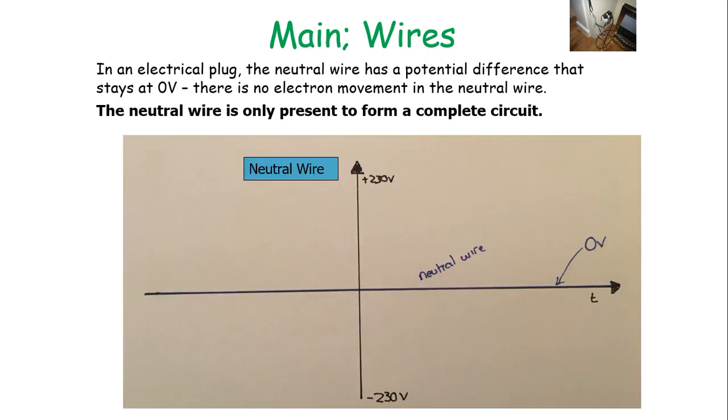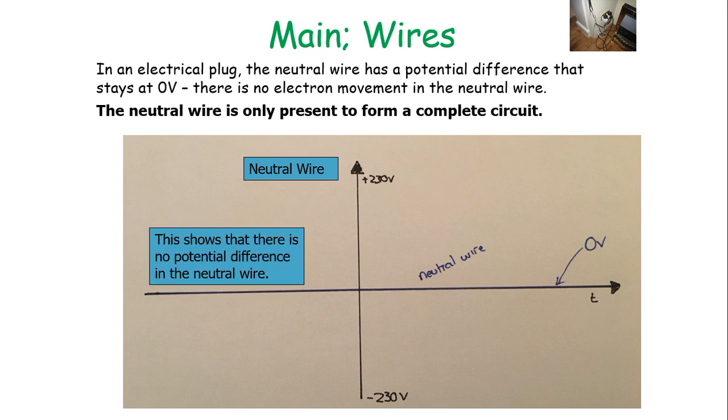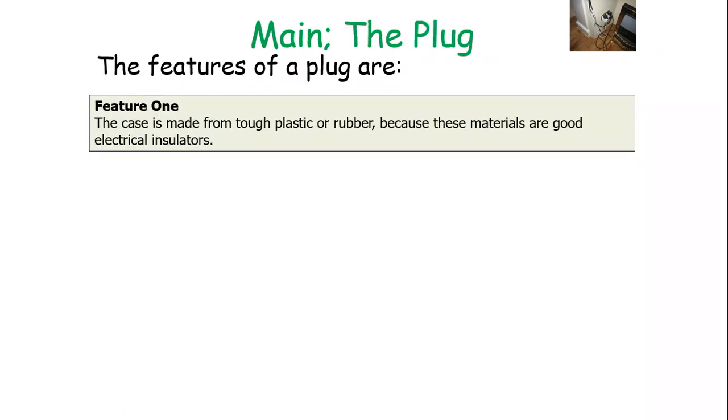Now, in an electrical plug, the neutral wire has a potential difference that stays at 0 volts. There's no electron movement in the neutral wire. The neutral wire is only present to form a complete circuit in your plug, in your device. It's not there to carry any of the energy. So there's no potential difference in the neutral wire.